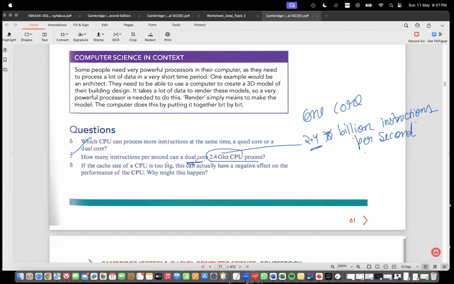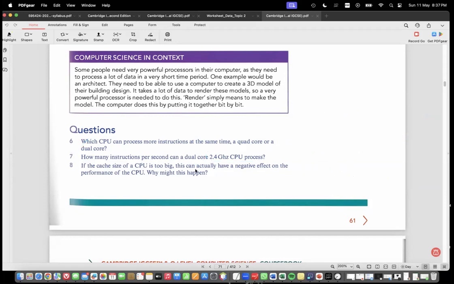But if it is dual core, this means 2.4 by 2, because you have 2 cores. This means 4.8 billion instructions per second can be performed.